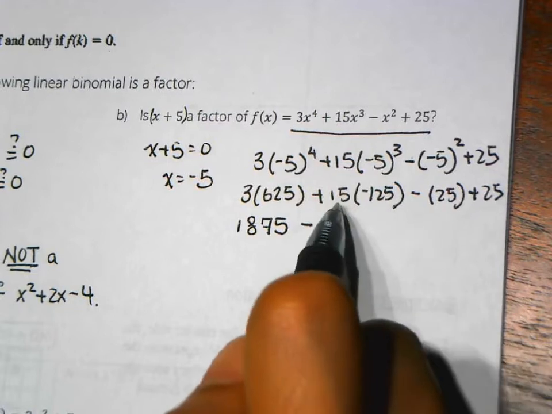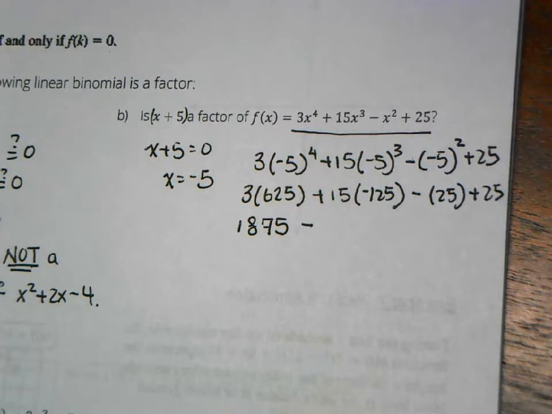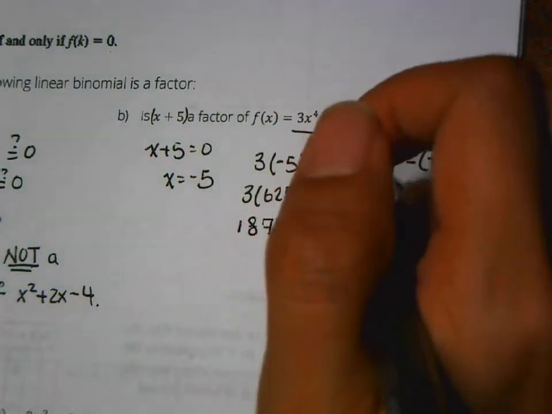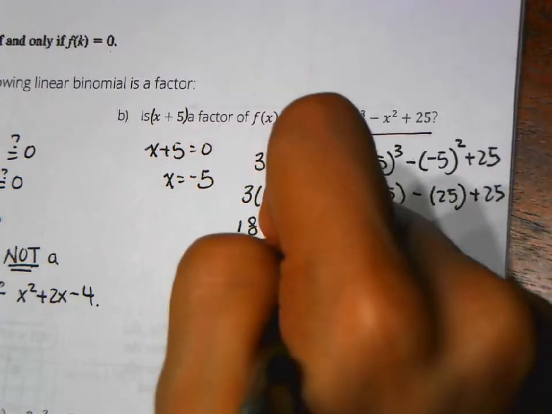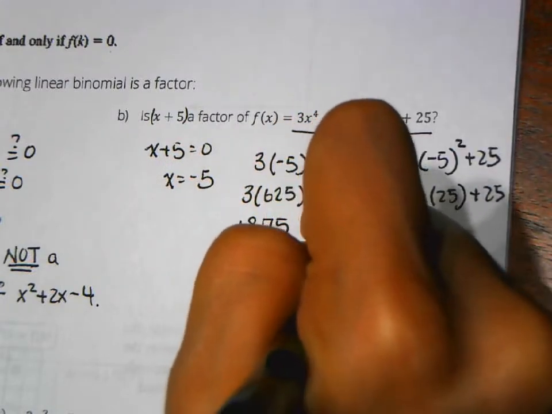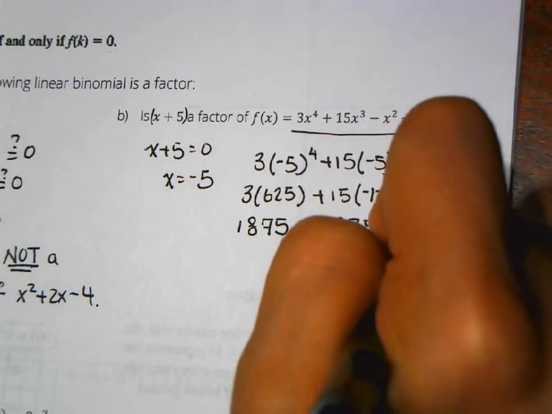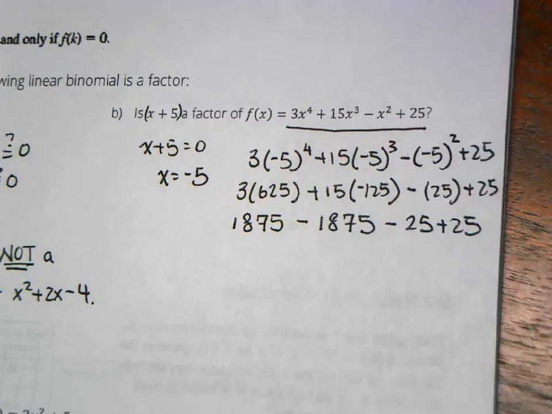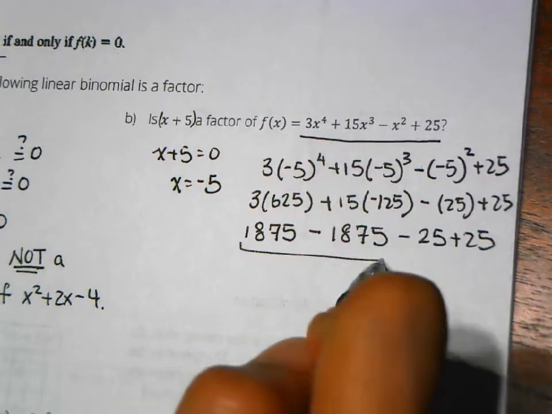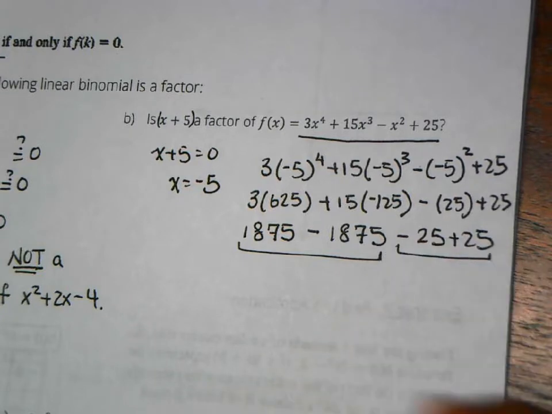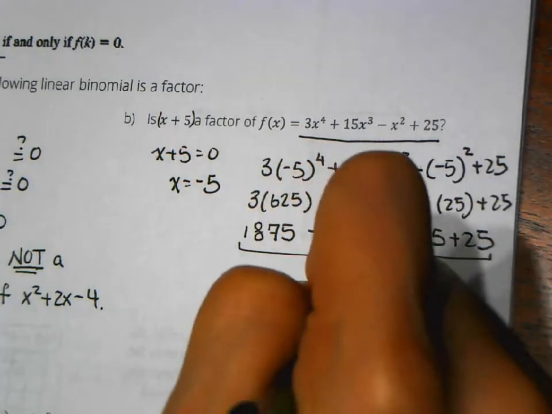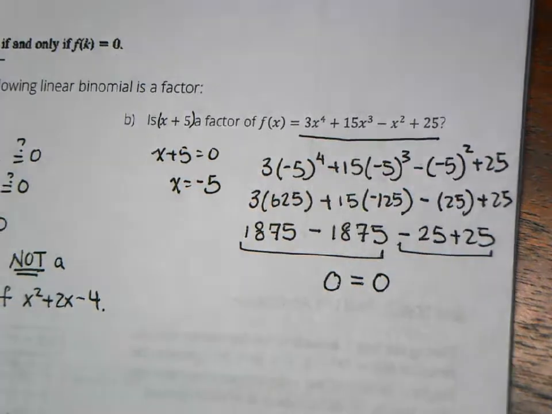This is going to be minus, because 15 times negative 125, working this on the calculator, I got negative 1,875. Right here, 1,875, minus 25 plus 25. This is going to zero out. This is going to zero out. So indeed, 0 is equal to 0.